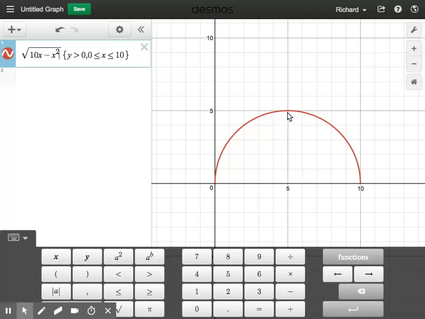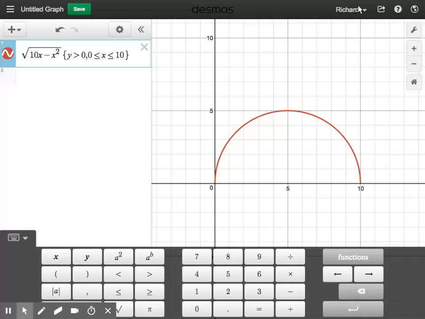If I rotated a semicircle around the x-axis, I would be left with a sphere, and the formula for a sphere is 4/3 pi r cubed.